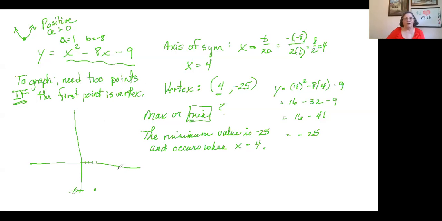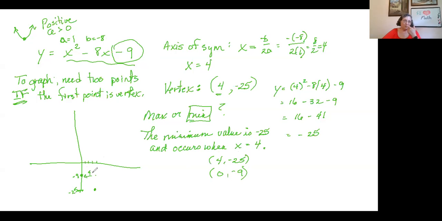That's not enough to make a parabola. Now the easiest point to get would be to plug 0 in place of the x. If we plug 0 in for the x, we're going to get -9. So one of our points is the point 4, -25. A second point, we could use 0, -9. So at 0, -9, we know that that is 4 units over.